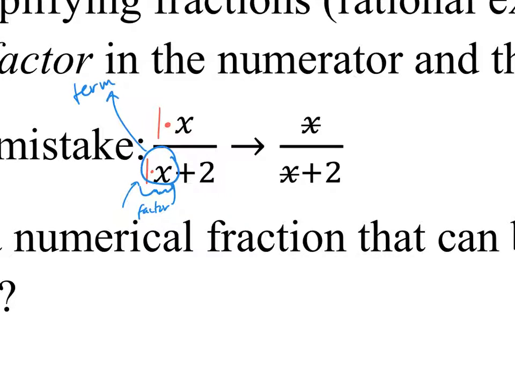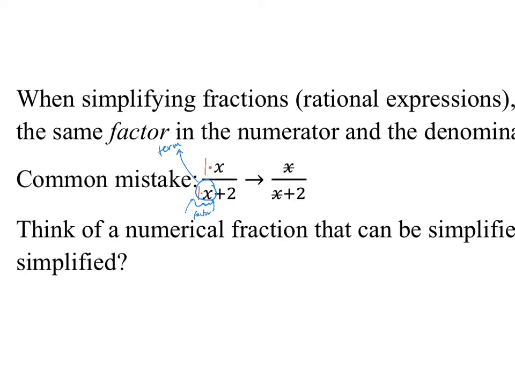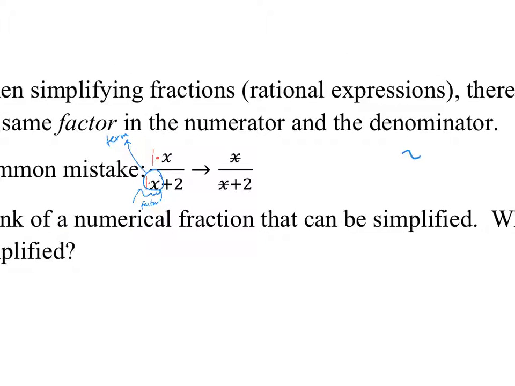So for example, if I had this, then I can cancel x's, because the x in the denominator is being multiplied by 2, which makes it a factor. If x is a factor in both the top and the bottom, I can reduce and leave a 1 behind in both spots because it's a factor.